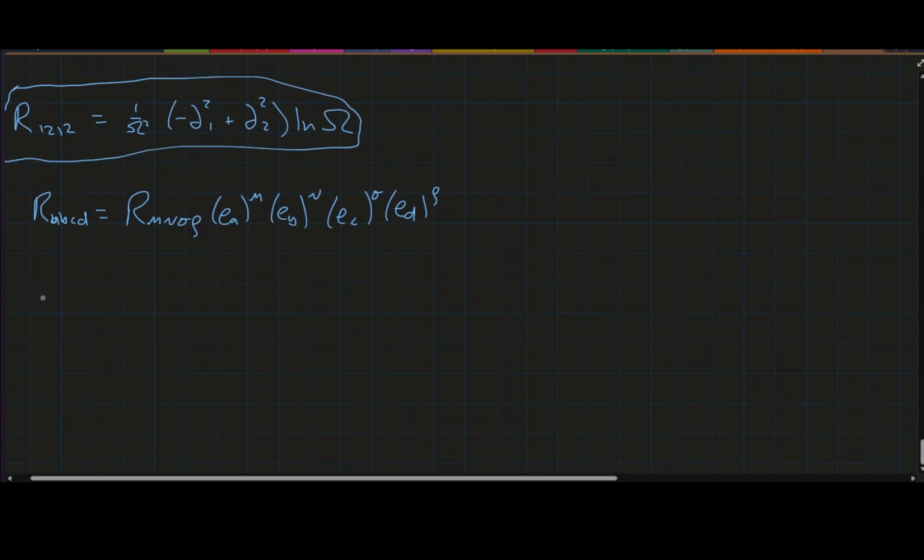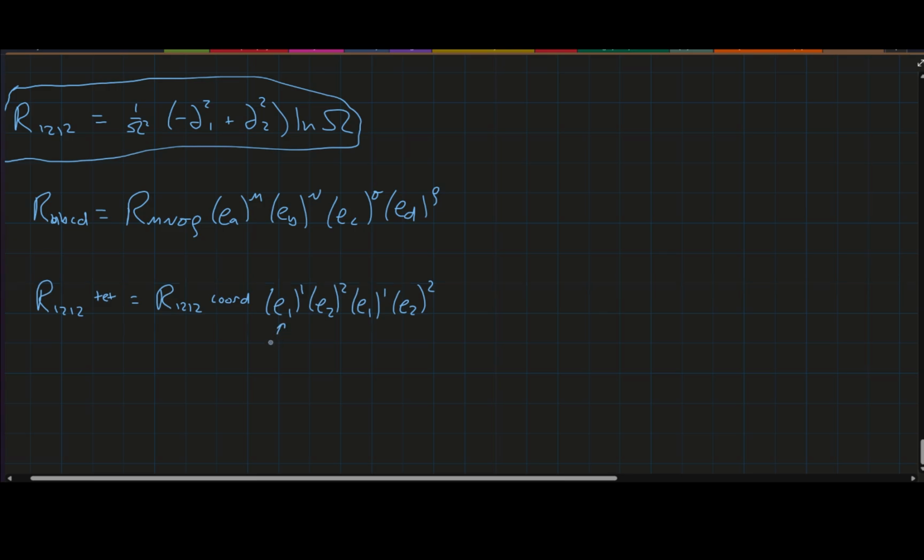So for us, we have our 1, 2, 1, 2 from the tetrad method, we'll call it, on the left-hand side equals our 1, 2, 1, 2 from the coordinate method times E1 1, E2 2, E1 1, E2 2.